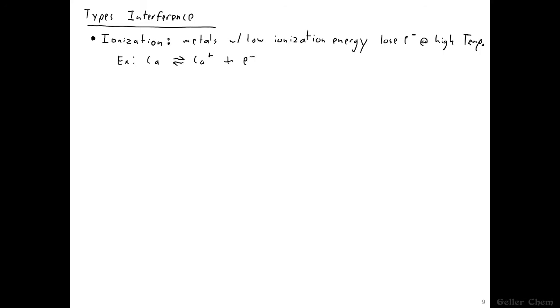Now, why is this a problem? Well, because an ion has different energy levels than its neutral atomic form, which in turn means that the delta E's between these levels is also different between the atom and the ion. So delta E of calcium is not equal to the delta E of calcium plus.